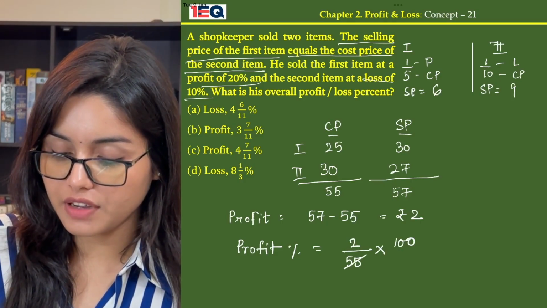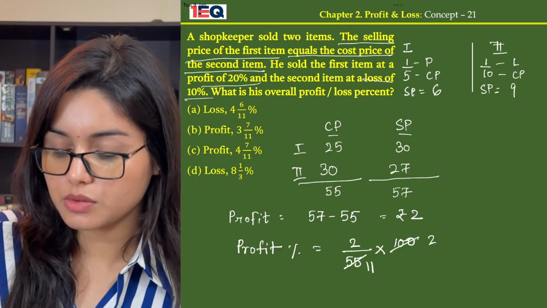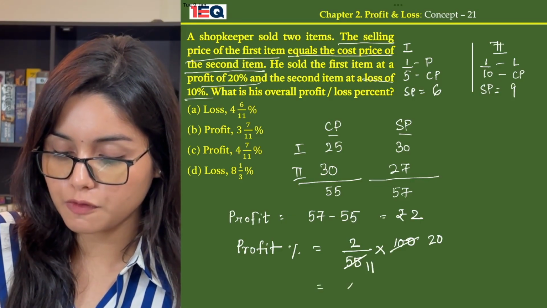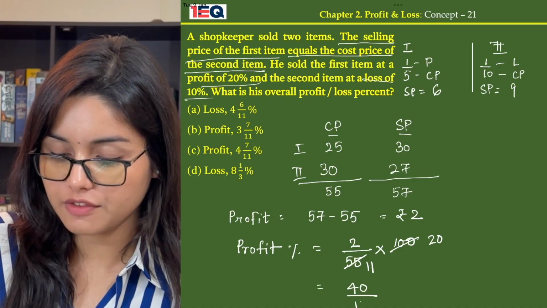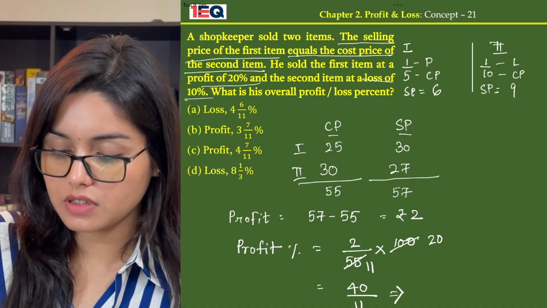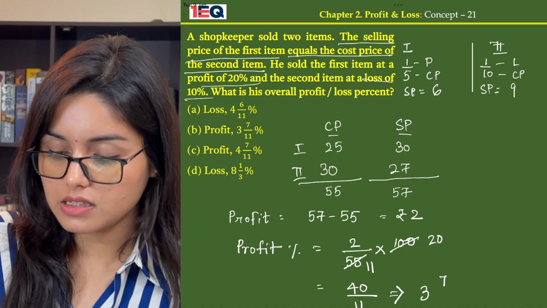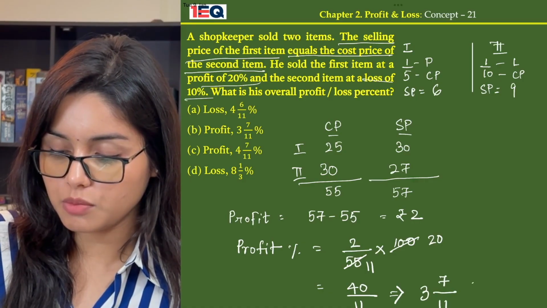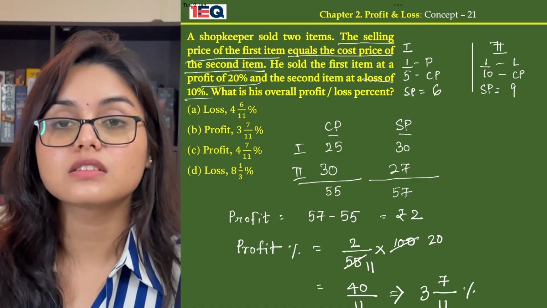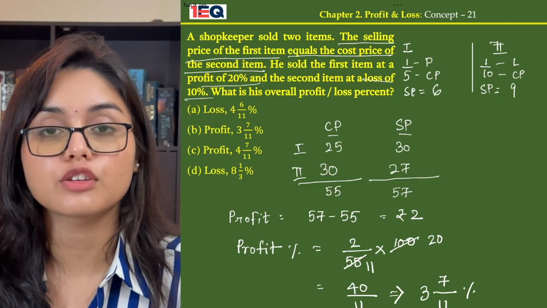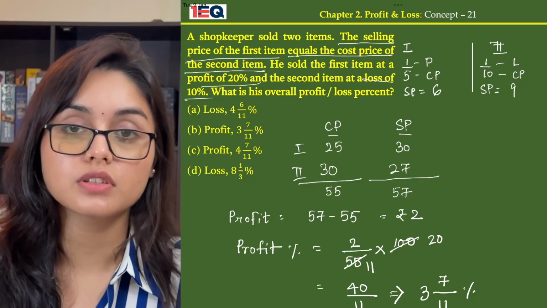On dividing by 5, we get 40 by 11, which further gives us 3 7 by 11%. So our answer is 3 7 by 11% of profit, which is option B.